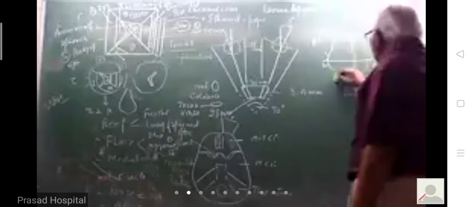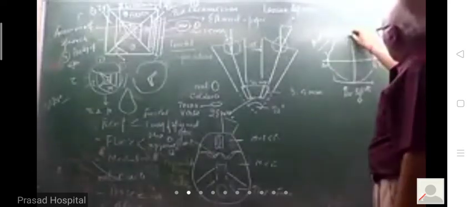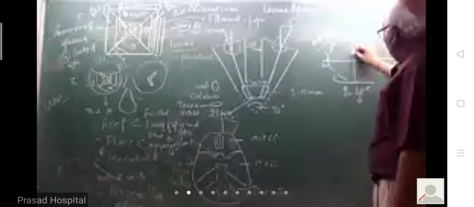So the eyeball, I have told you, is spherical in shape. The anterior 1/5 to 1/6 is formed by cornea. The posterior 5/6 is by sclera, and you have an anterior pole and a posterior pole, and a line which is called the equator.